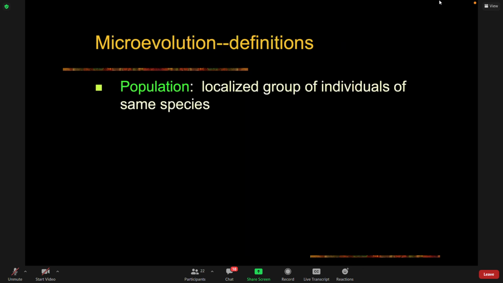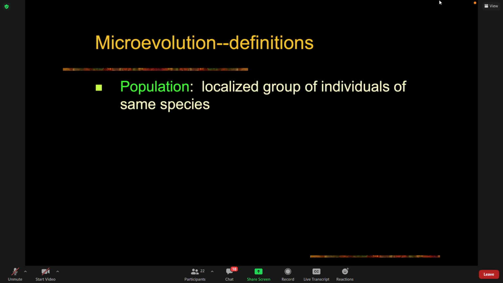Some definitions before we get into microevolution: population, because microevolution takes place in populations. A population is a localized group of individuals, interbreeding individuals most of the time, of the same species, but it isn't the species. The species is made up of many different populations, okay?